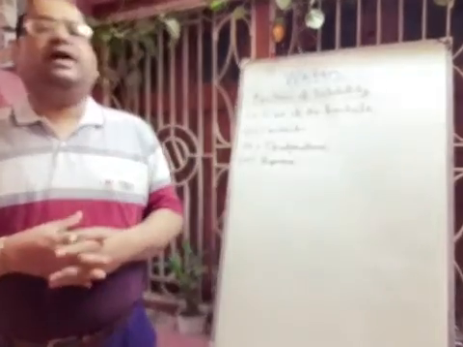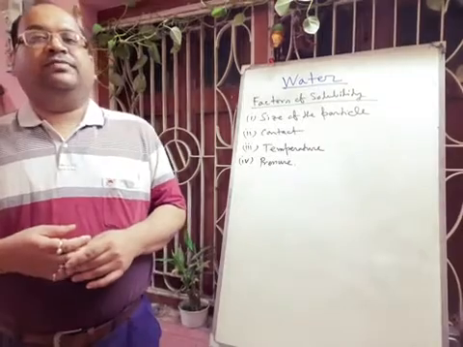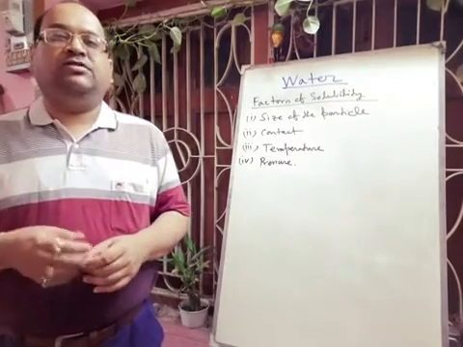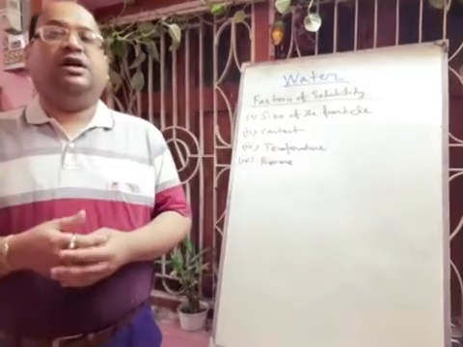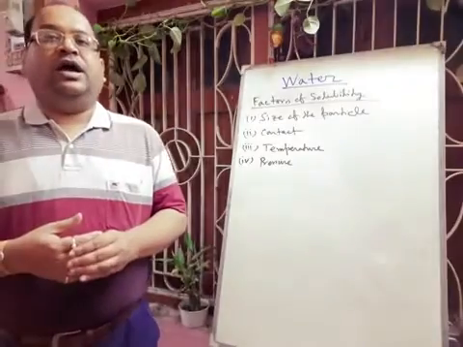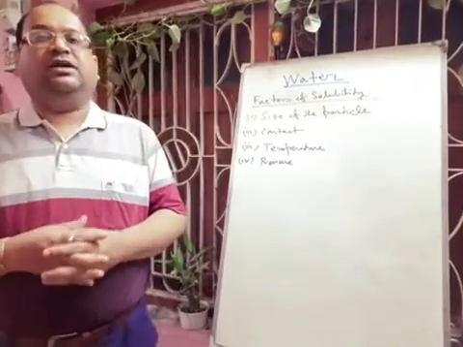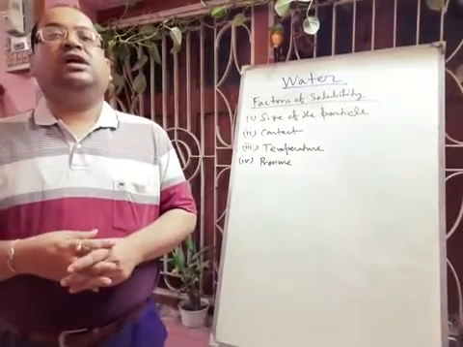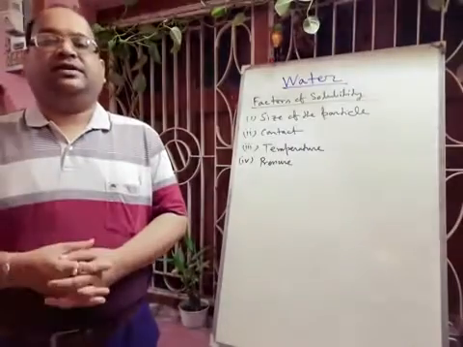For example, if you take sugar crystals and want to dissolve them in water, it will take a longer time. But if you powder the sugar crystals, the dissolution process is very fast, and when we are making powder, that means we are increasing the surface area.